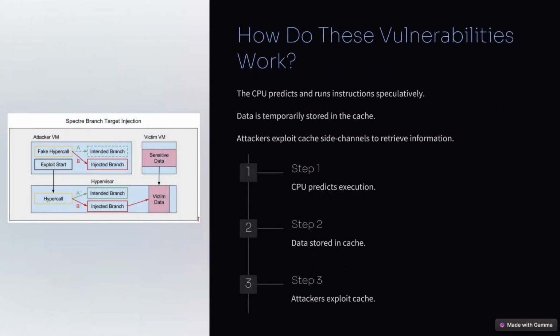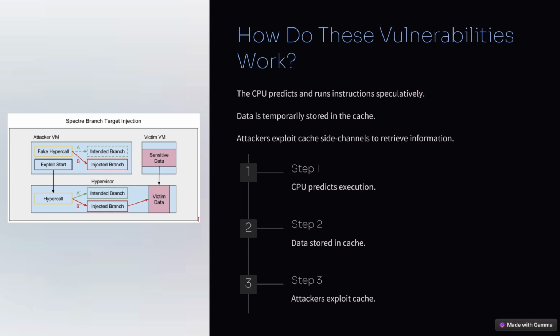So, how do these vulnerabilities work? Both vulnerabilities exploit CPU optimizations. The process unfolds in three steps. Step 1, the CPU speculatively executes instructions assuming they might be needed. Step 2, data is stored in cache. That means this speculative execution stores data in the cache temporarily.